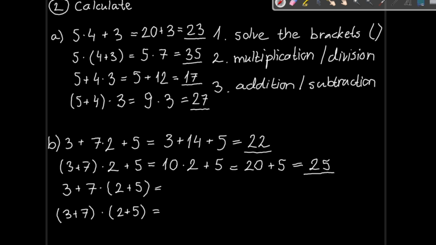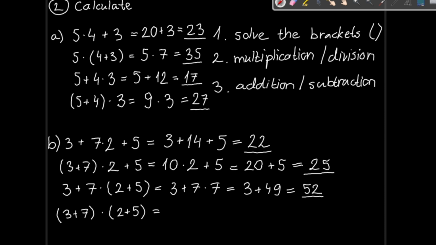Third case, once again, the brackets come first. 2 plus 5 is 7. And now we are left with 3 plus 7 times 7. And we need to do multiplication here first. 7 times 7 is 49. And now we just add these two numbers together. That gives us 52.